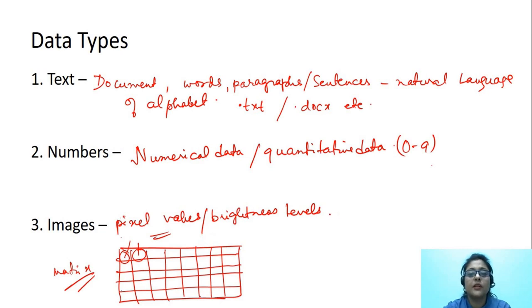Now, storing the image data can be done in the format of .jpg or .bmp or .png or .jpeg, etc.